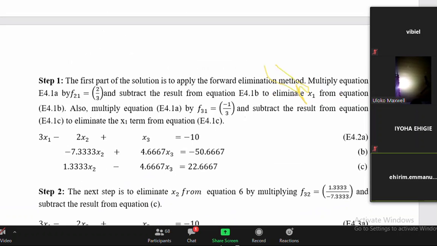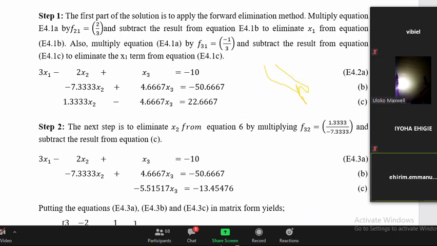That is the equation given. All right? So, we do elimination. We are not going to repeat it in order. You know how to do elimination. F21: to eliminate x1 from the second equation, we multiply the first equation by this factor.